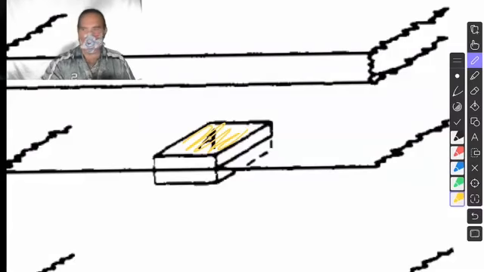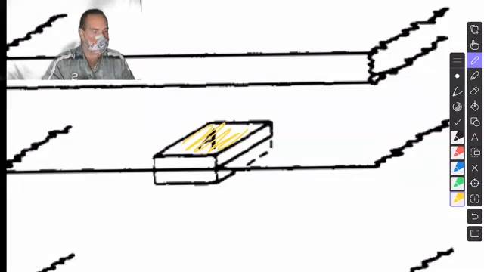There'll be no flux anywhere else. Is everybody okay with that? And there's going to be positive flux on both surfaces, because the electric field is going up through the top surface and down through the bottom surface.